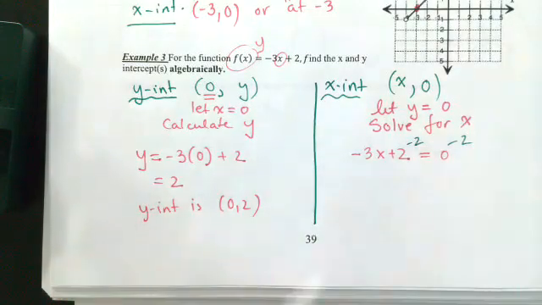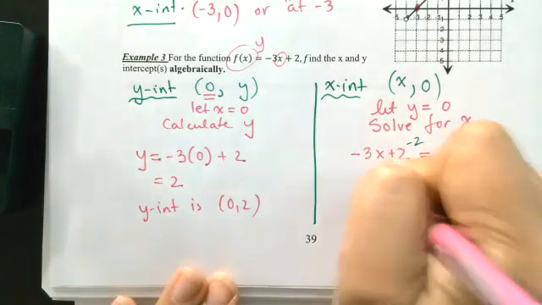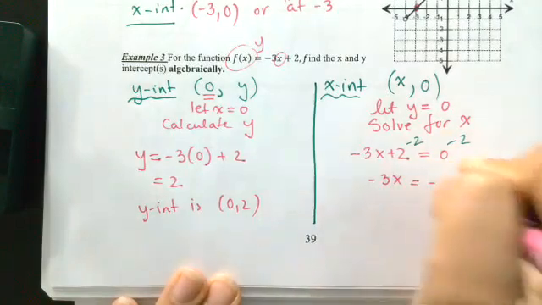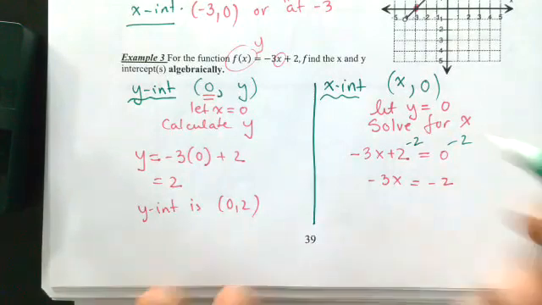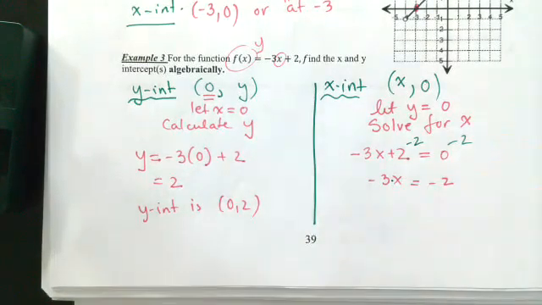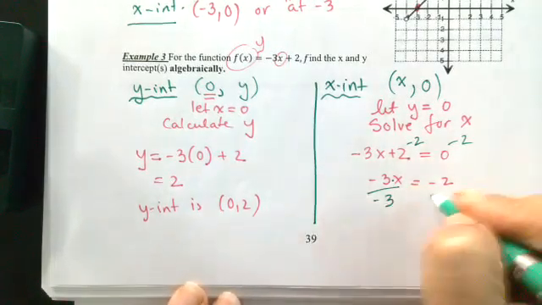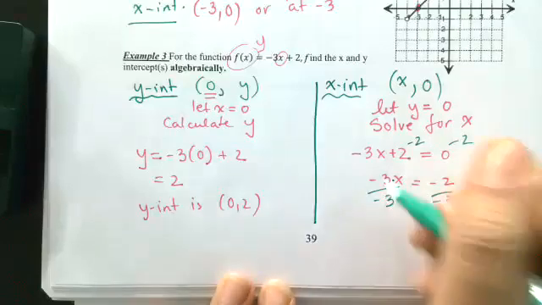Subtract 2 from both sides to isolate the negative 3x term first. And then we have negative 3 times x. How do we isolate the x when you have times negative 3? Divide by negative 3.